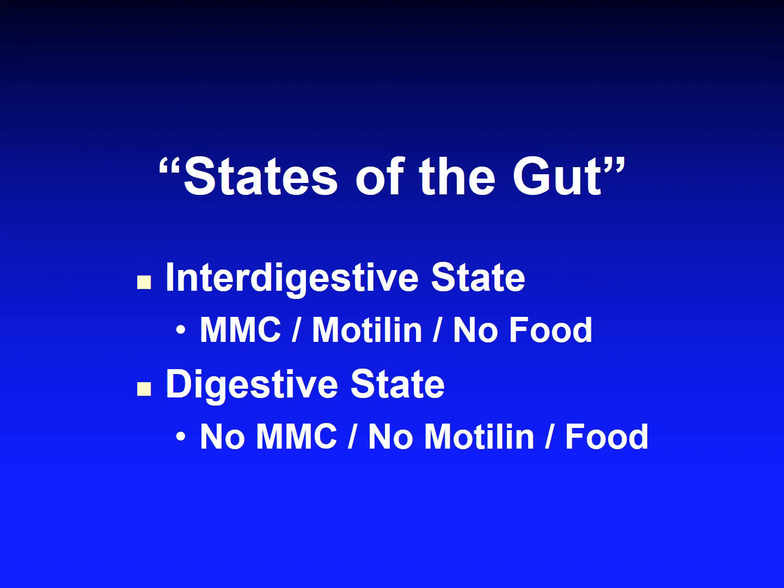For example, when the animal or the person is not actively involved in eating, the hormone motilin is being secreted in the gut.